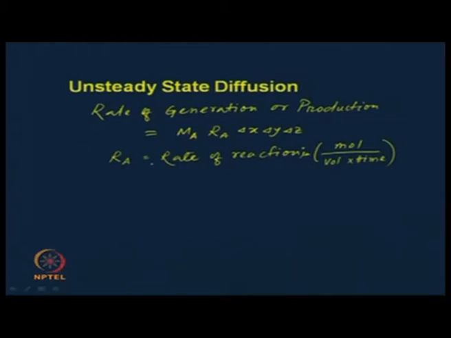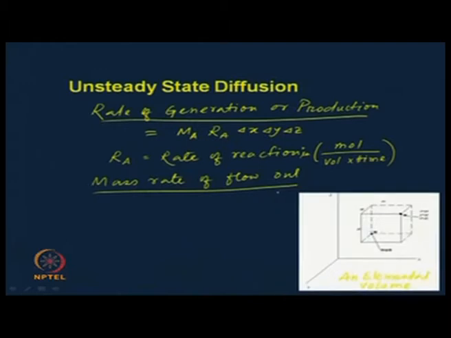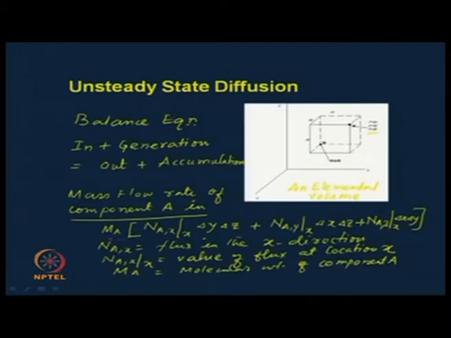And the mass flow rate out: at location n, what is the mass flow rate out, that is at distance x plus delta x, y plus delta y and z plus delta z. Similarly, the equations remain similar, but at location n.